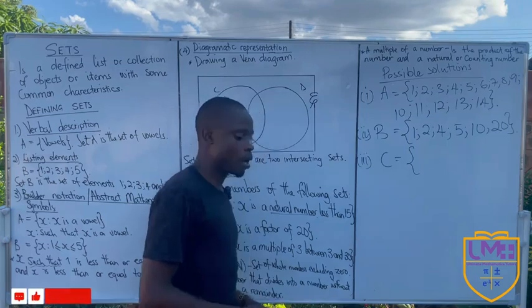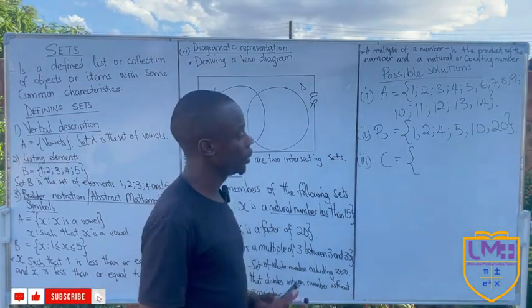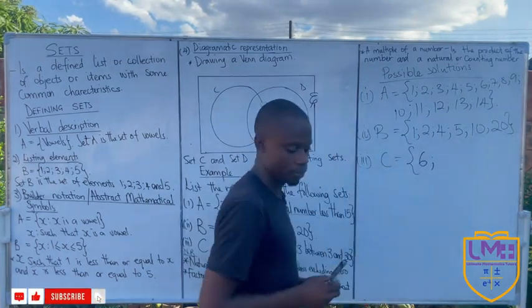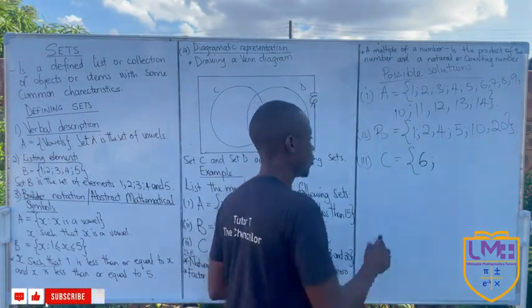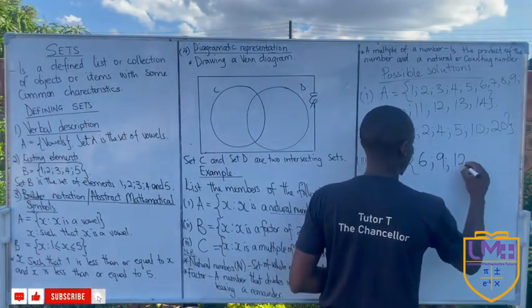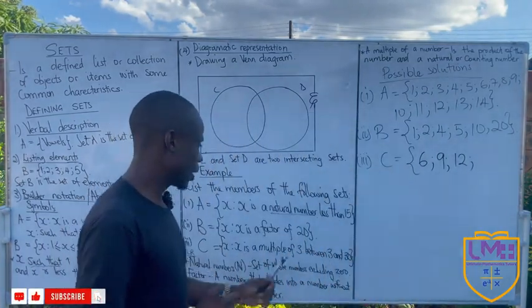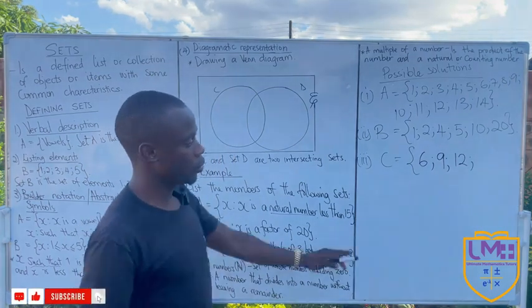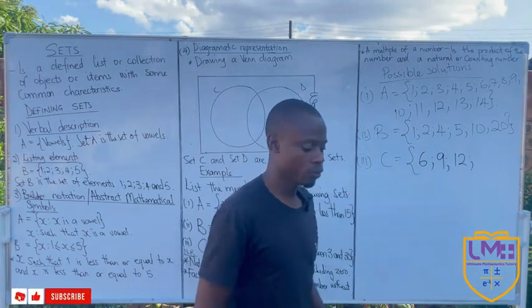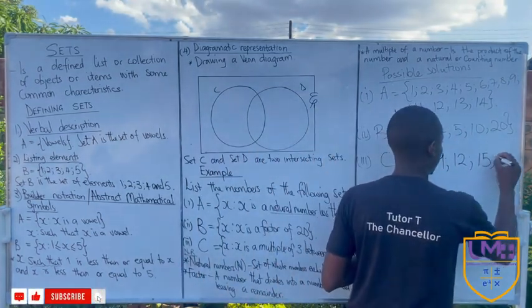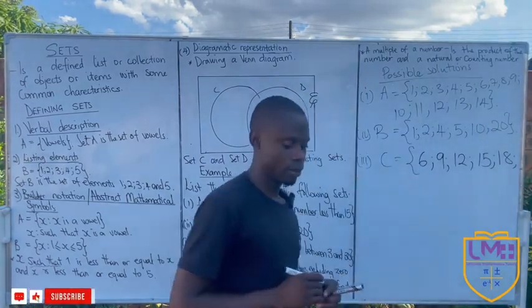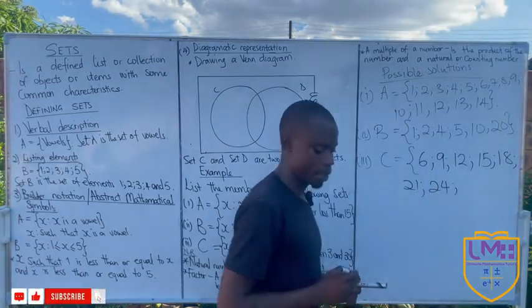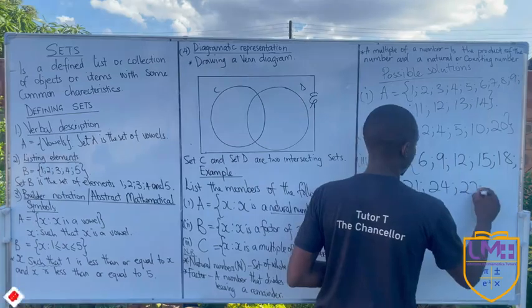Our multiples of 3 are 6, 9, 12, 15, 18, 21, 24, and 27.